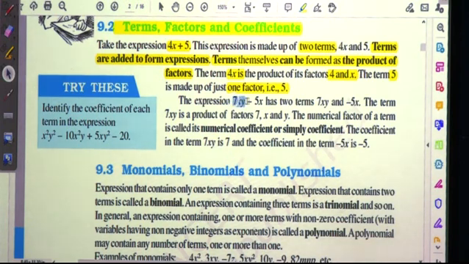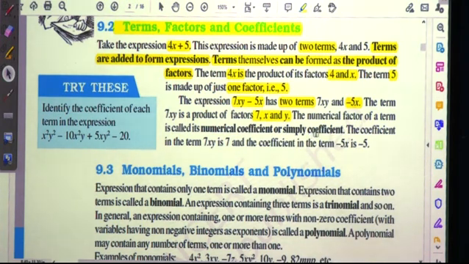The next explanation is for 7xy minus 5x. It has two terms. What are those two terms? 7xy is one term, and minus 5x. This is very important: it is not 5x only, it is minus 5x. The term 7xy is a product of factors 7x and y.